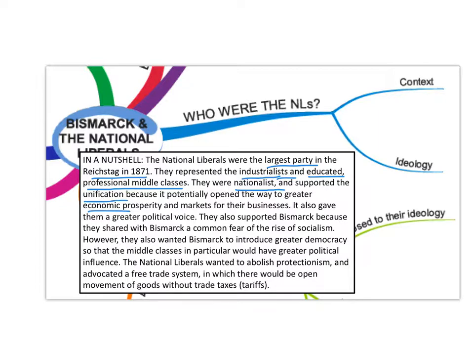They also supported the unification because before 1871, when there were lots of small, separate, independent German states, if you were a businessman, say in Mecklenburg-Schwerin, you didn't have a voice in political affairs because the Duke was an autocrat. He made all the decisions himself. It kind of varied from German state to German state. There were parliaments in most of the German states, but generally speaking, power tended to lie more with the monarchs.